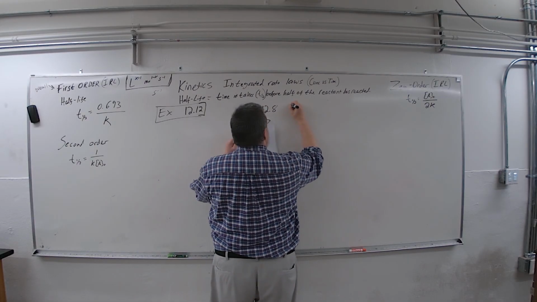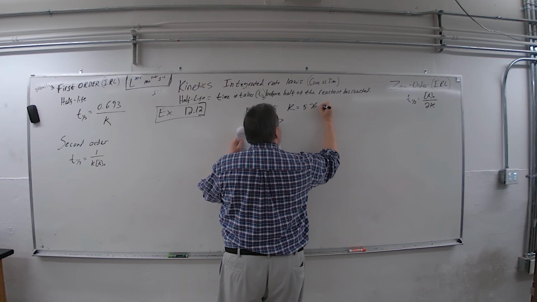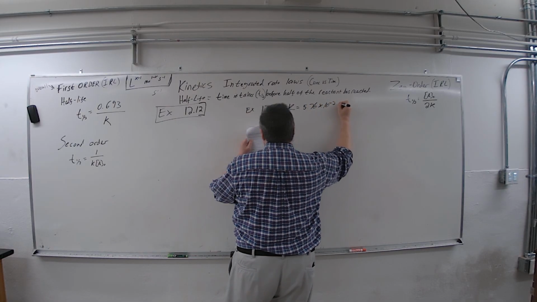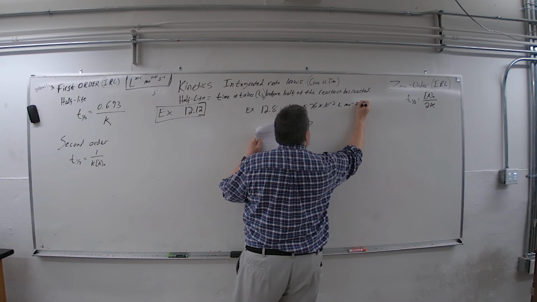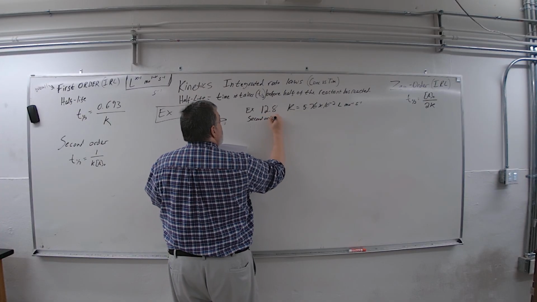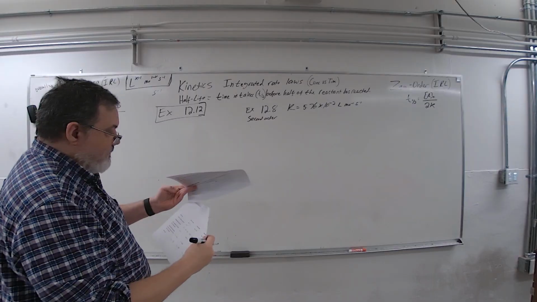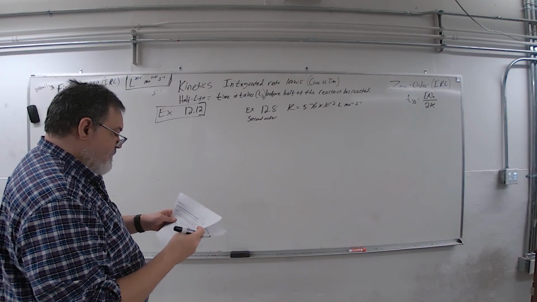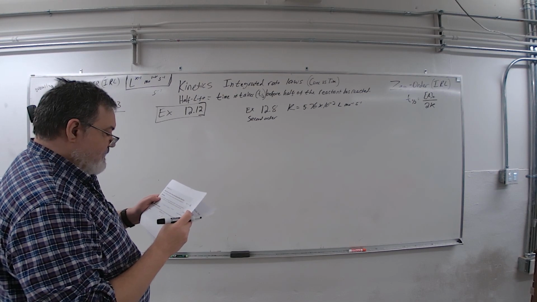We're referring back here, and K equals 5.76 times 10 to the negative 2. So we get the K by looking back there. And they say, what is the half-life?